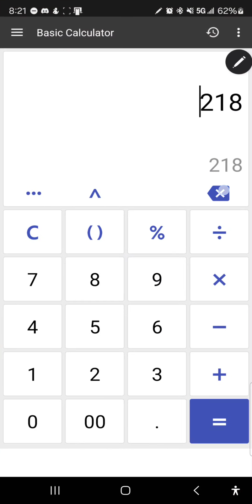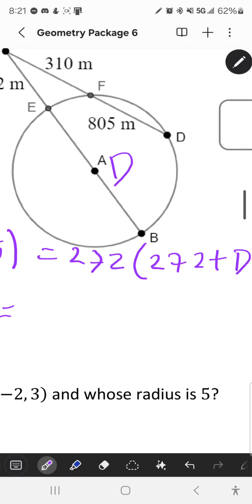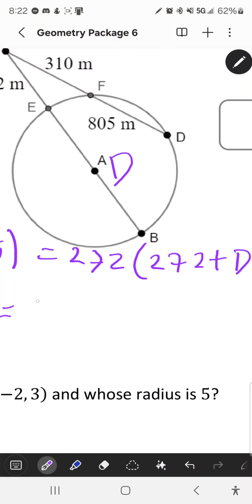If I multiply this, 310 plus 805 is 1115. Let's make sure, yep, it equals 272 times 272. So 272 squared is 73984, plus 272d.